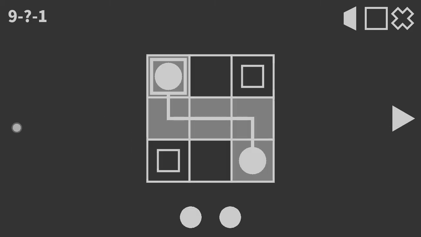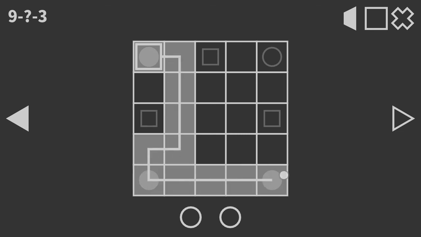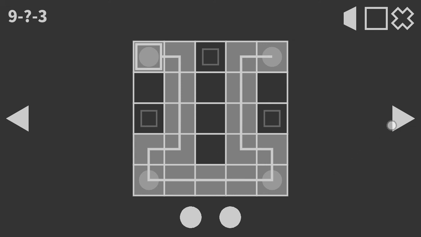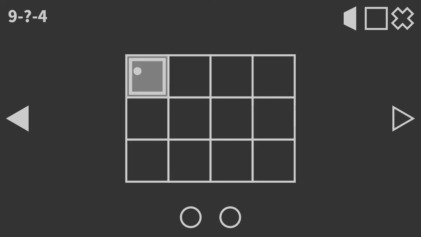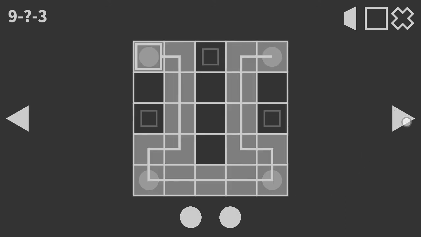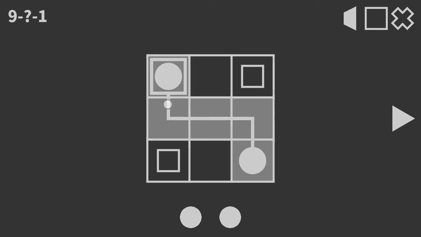Wait, it's doing the witness thing. Spoilers. It's not quite doing the witness thing. I mean, it is, but like... Okay, hold on, I see.